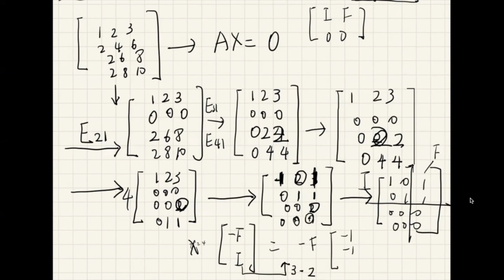So we have to decide what's I, because it has 3 columns and it has a rank of 2, right? Because we have seen the rank is 2, or even here we have the identity matrix that is 2. So 3 - 2 equals 1. So I only have 1 as the identity here. So what we got is -1, -1, and 1. So eventually, that's our vector space or column space.